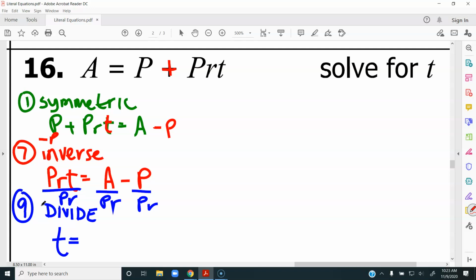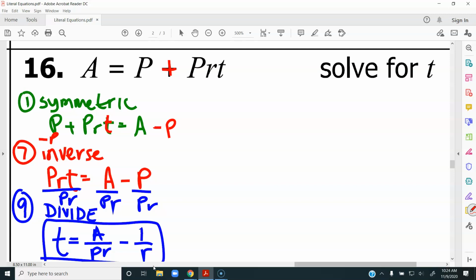So T equals A over PR minus P over PR. Well, that's going to be minus, both of these P's can eliminate. And that's going to be 1 over R. All right, and we learned that in a past unit when we did exponents.